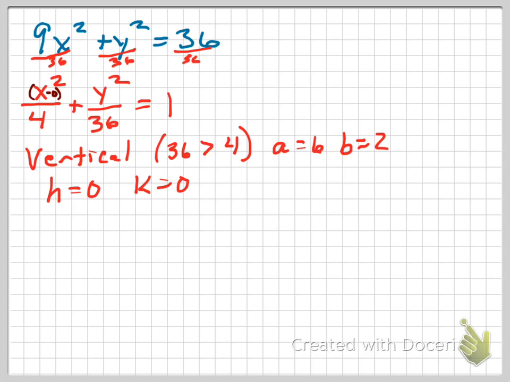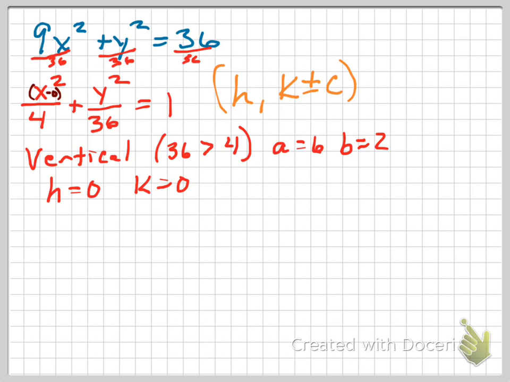A is 6 and B is 2. So to graph this, we would go up and down 6 from 0, 0, and left and right 2. Since it's vertical, A is what we would go vertically, and B is what we would do horizontally.